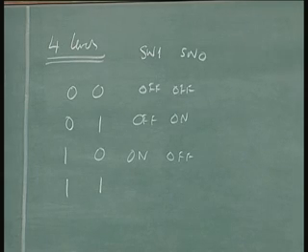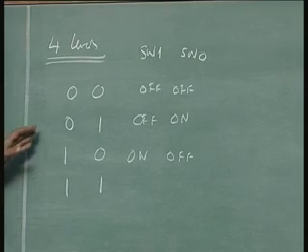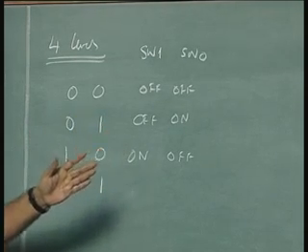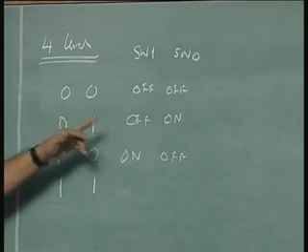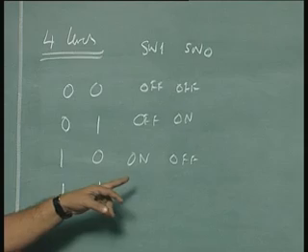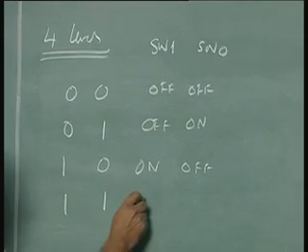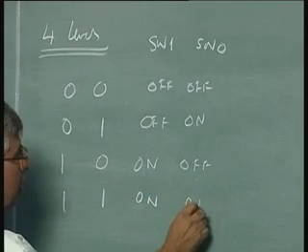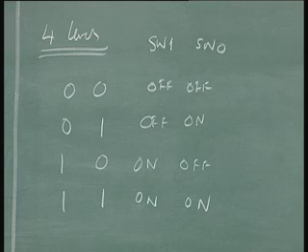Switch 0 is on, switch 1 is off, it is 01, and then when both are on, it will be the 4th level. So 2 switches can give you 4 levels.